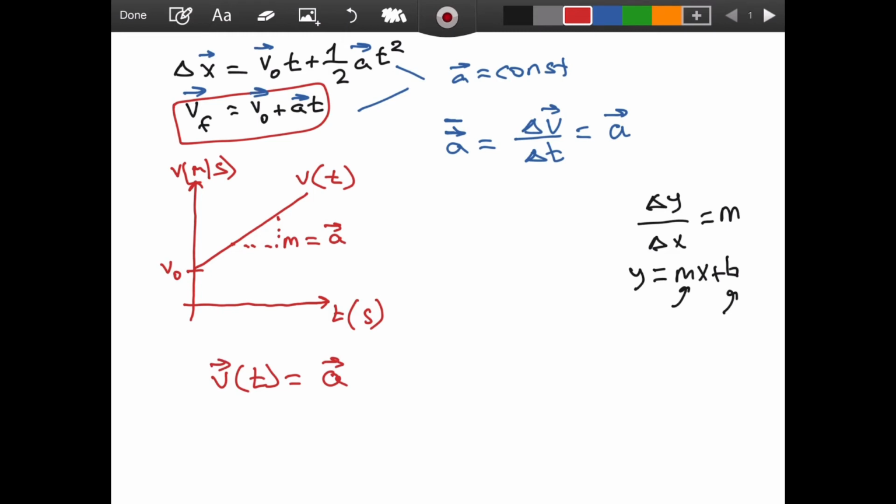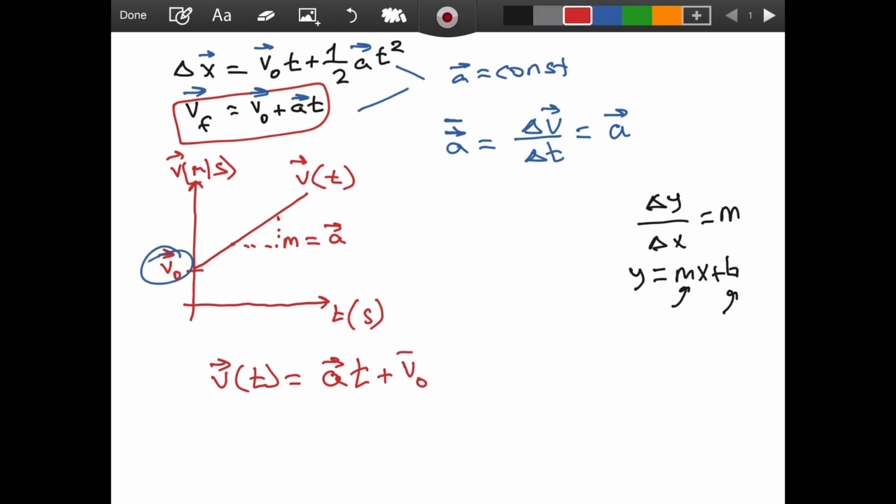We have the acceleration, then we have x, which is the independent variable. And the independent variable in this case is just time, the t, plus b. It is the y-intercept, so it is going to be v naught in our case.